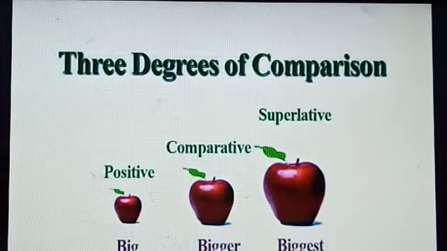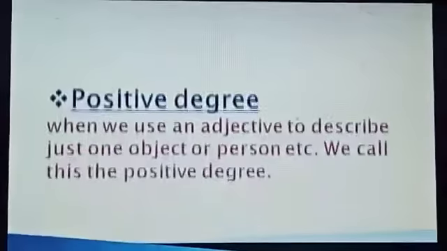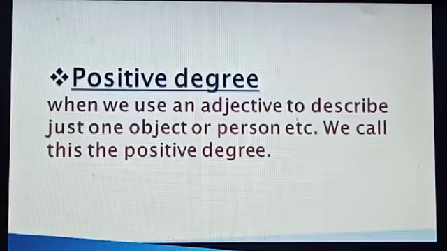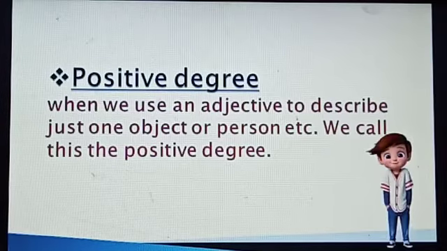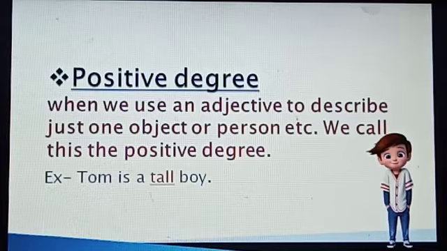There are 3 degrees of comparison: positive, comparative and superlative. We will learn all 3 today. The first is the positive degree. When we use an adjective to describe just one object or person, we call this the positive degree. It will be clear to you by seeing the example. The example is: Tom is a tall boy.